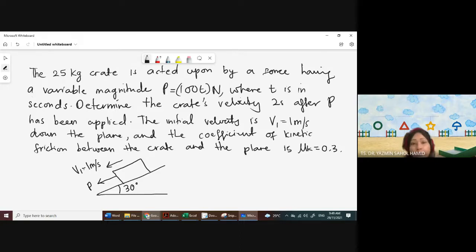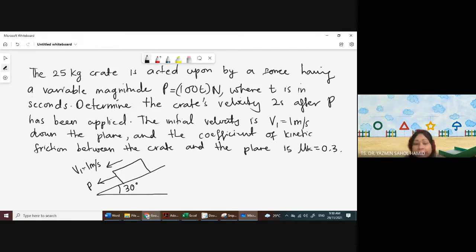Okay, so untuk soalan ni, I nak you gunakan principle of linear impulse and momentum. Okay, number one, make sure you draw the free body diagram. Number two, remember the formula for impulse and momentum, apa dia?